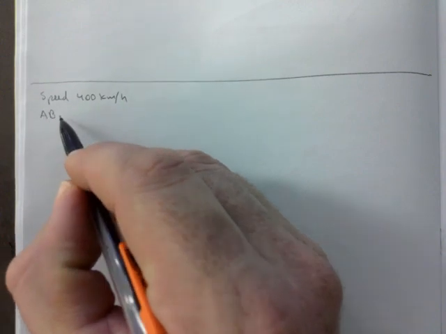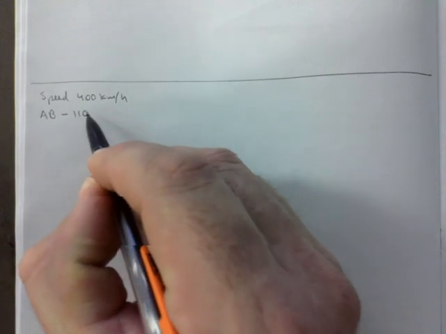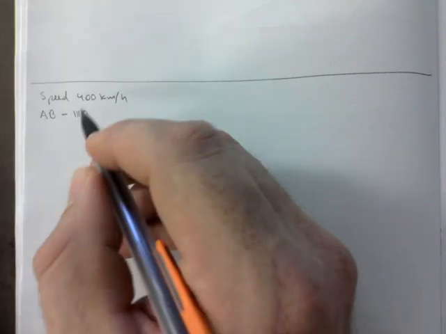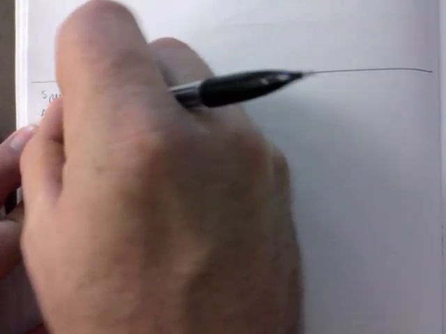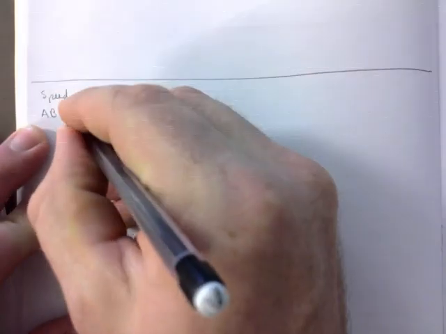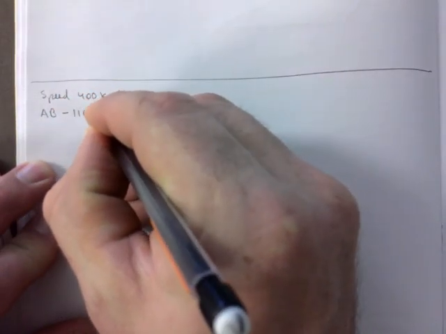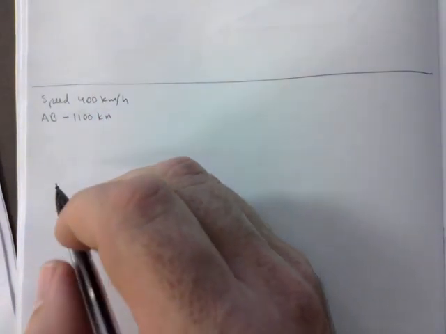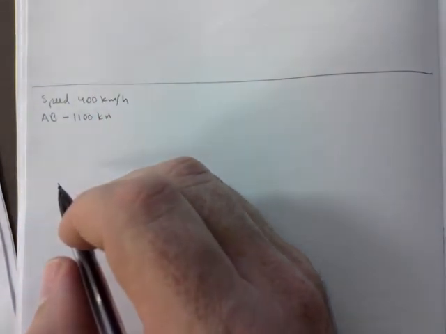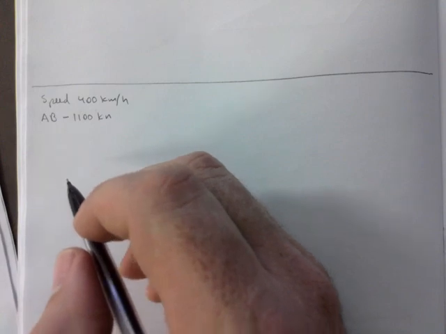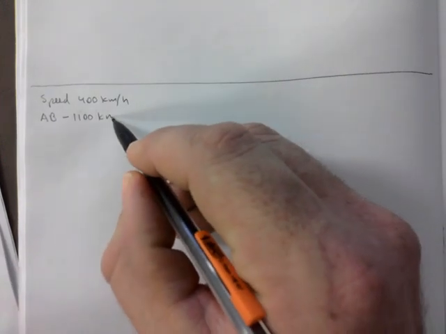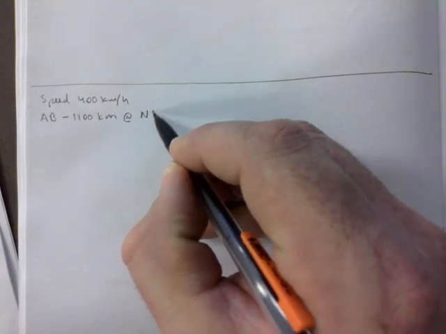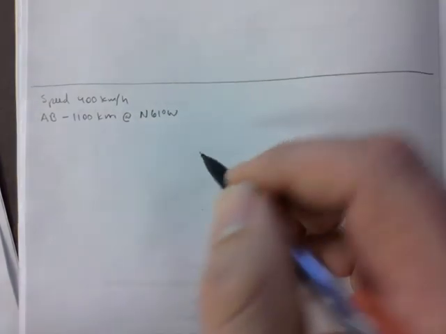AB, distance from A to B, is 1100 kilometers, and at a direction of north 61 degrees west.